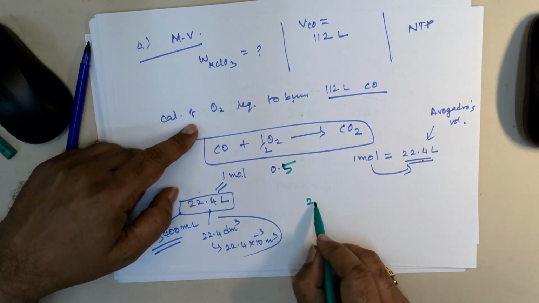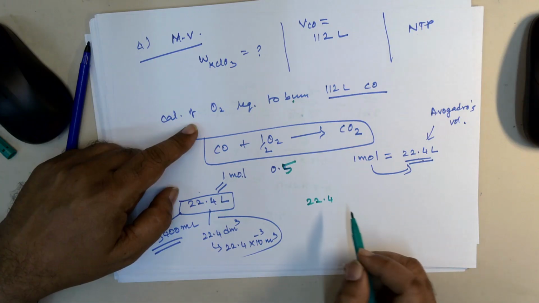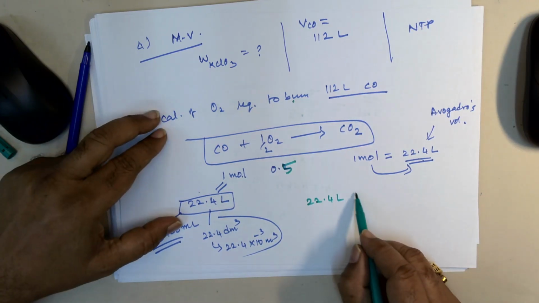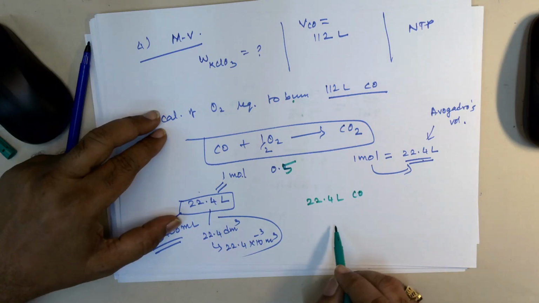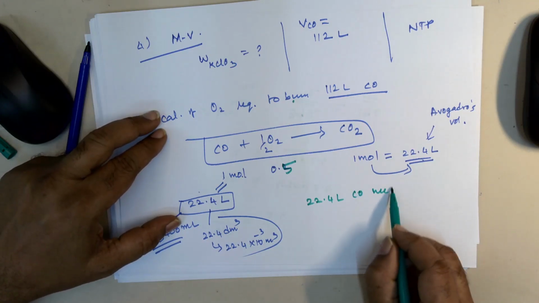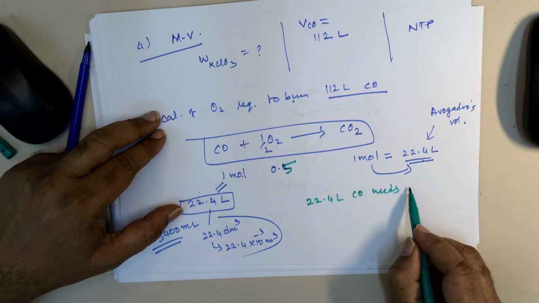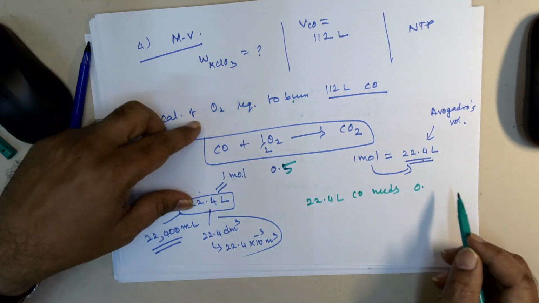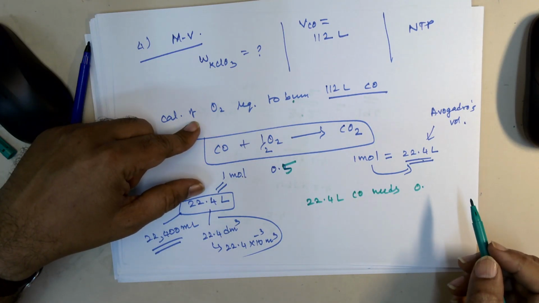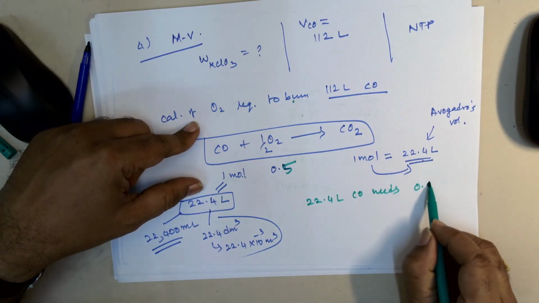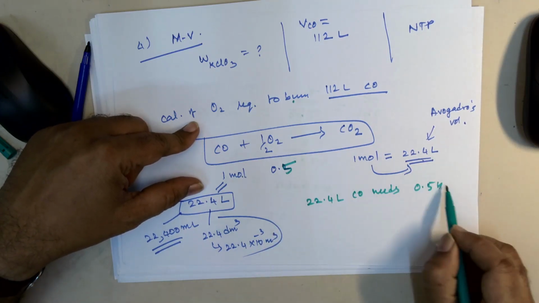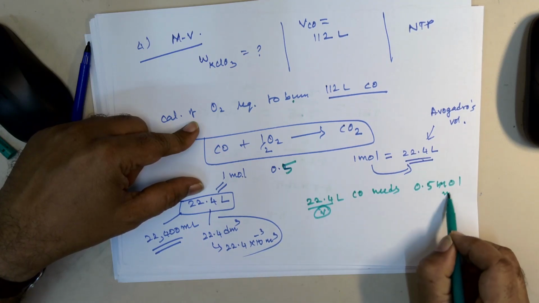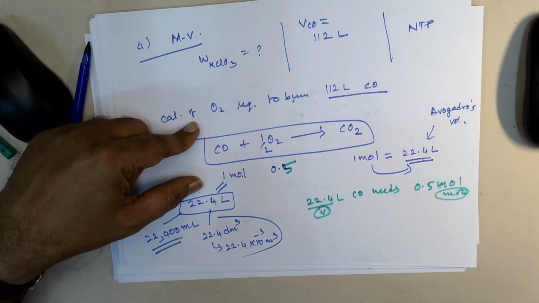Write down: 22.4 liters carbon monoxide needs 0.5 mole of oxygen. This is volume, this is mole. Okay, right.